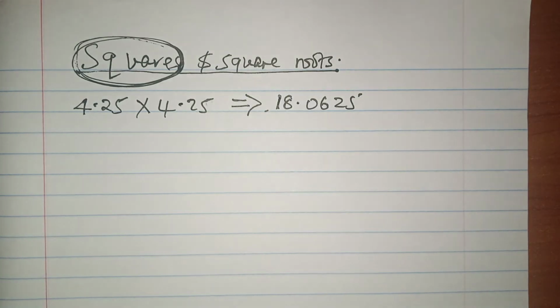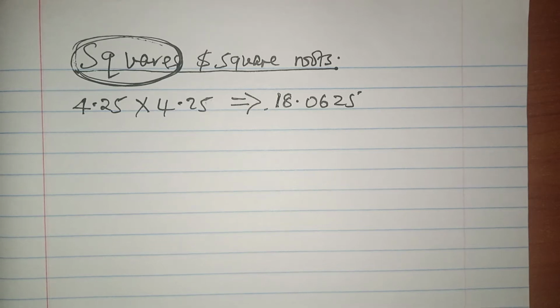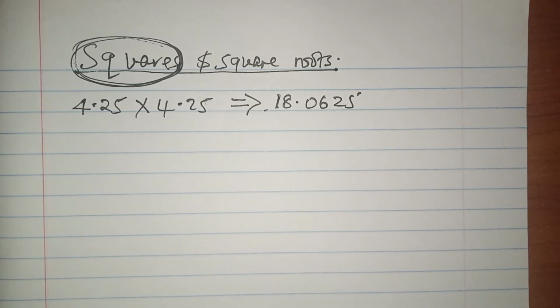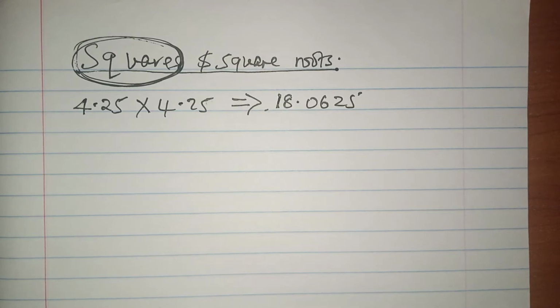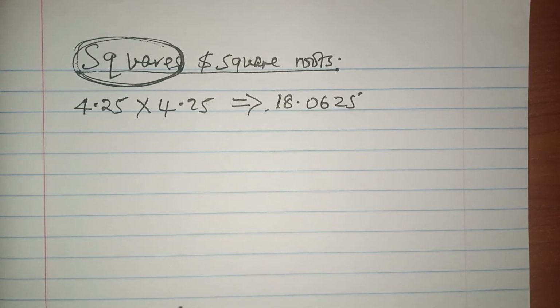We read 4.2 from the column headed X in the table of squares.